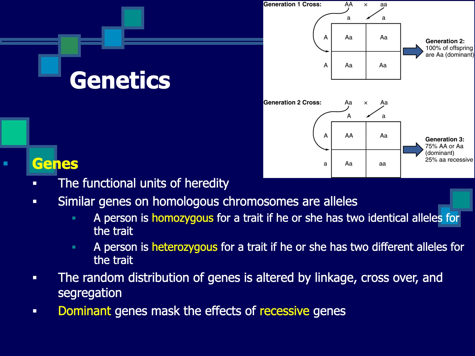If they're heterozygous, having different versions of that gene for a particular trait, in most cases only one of those genes will be expressed. For instance, if you have a gene for brown eye color and a gene for blue eye color, you are heterozygous, and you will only express the gene for brown eye color. The other gene is referred to as recessive, and it's hidden by the dominant gene, which is in this case brown eye color.